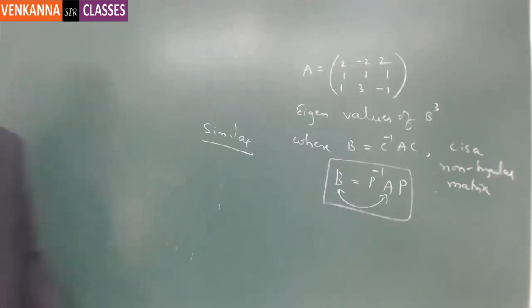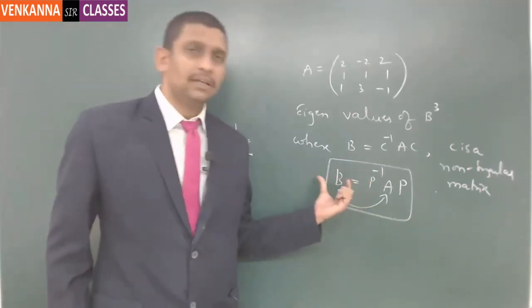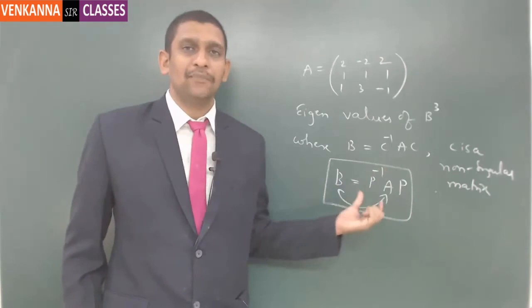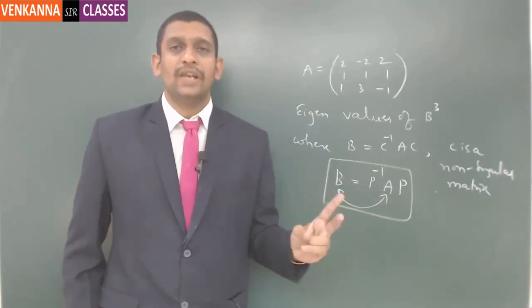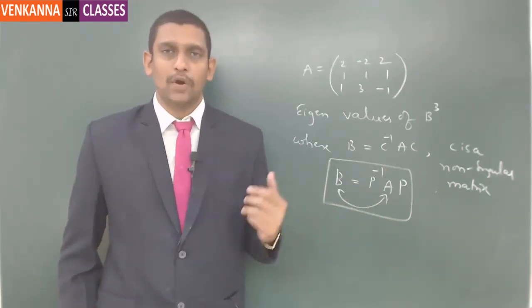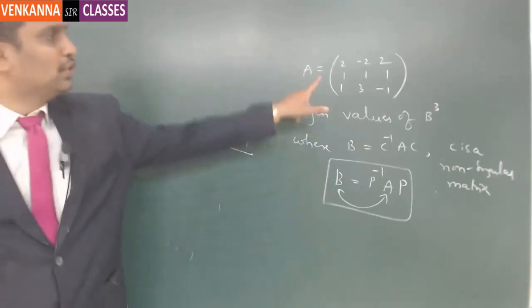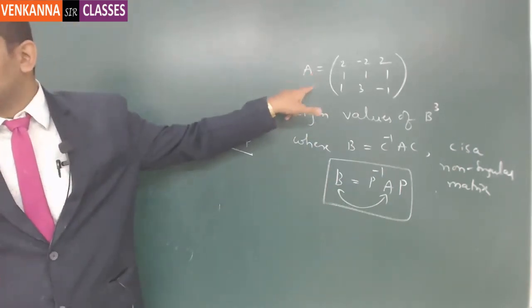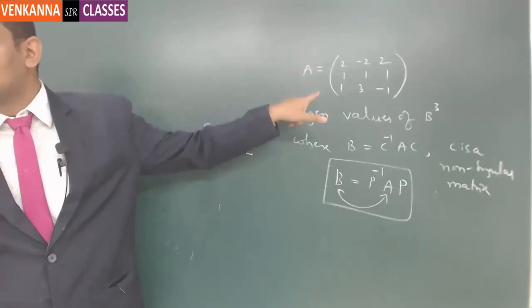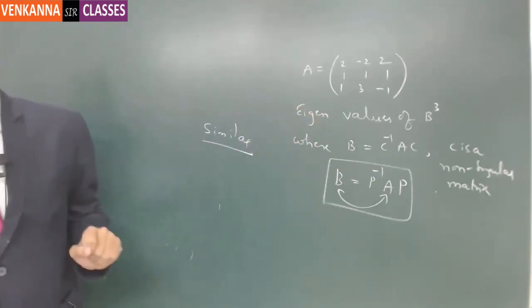So whatever the polynomial of B, it is also applicable for A. In other words, A and B have the same characteristic polynomial. If you know the eigenvalues of A, the same eigenvalues are applicable for B also. Agreed?